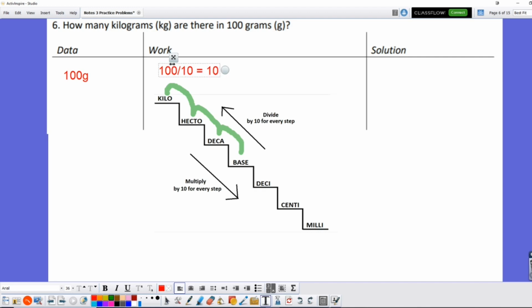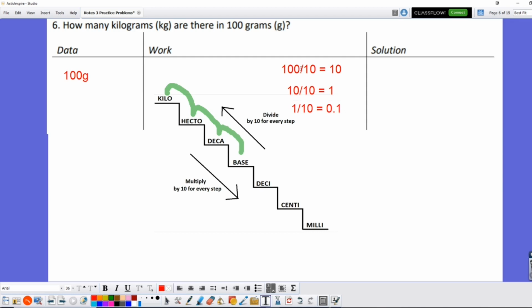Then I do my next step, which is 10 divided by 10, which gives me 1. And then I need to do it one more time. So I'm going to do 1 divided by 10, which gives me 0.1. Okay?